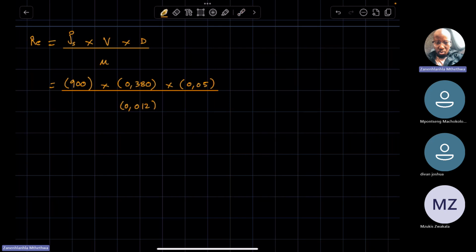This will give you your Reynolds number. Remember, I did say that the Reynolds number is dimensionless, so it'll just be a number with no dimensions. So what do you get here?